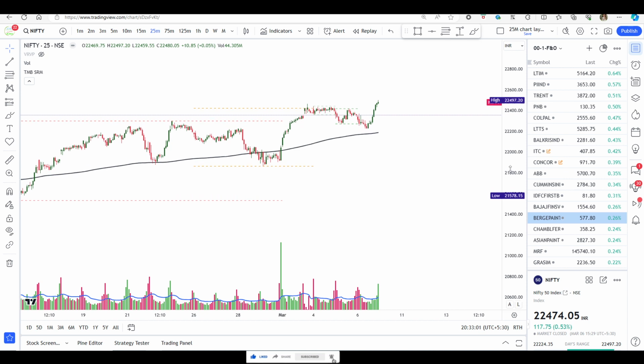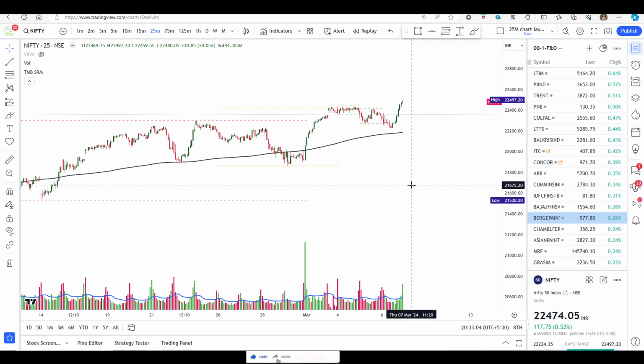Okay, this is the chart. Why do we need the trade setup? Most of the time, let's say for example today is March 6th. US markets were very bearish and everybody thinks it is going to be a bearish day, but all of a sudden the market turned bullish due to the banking stocks as well as the IT stocks.